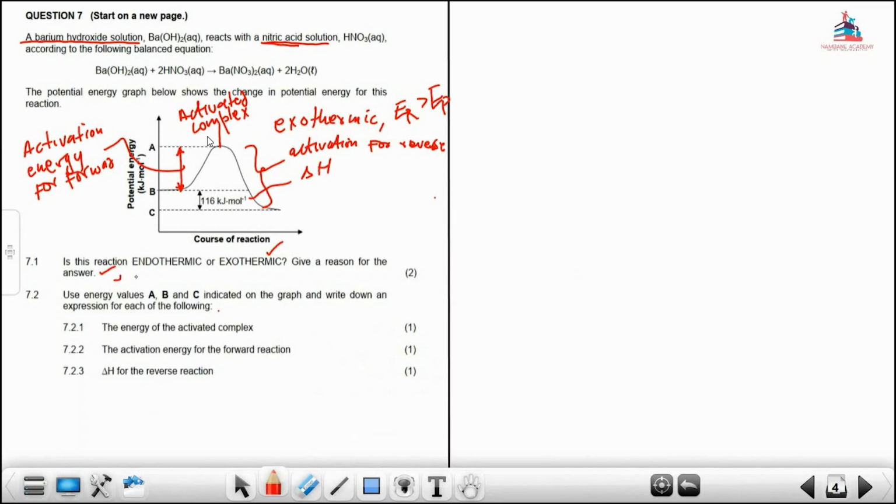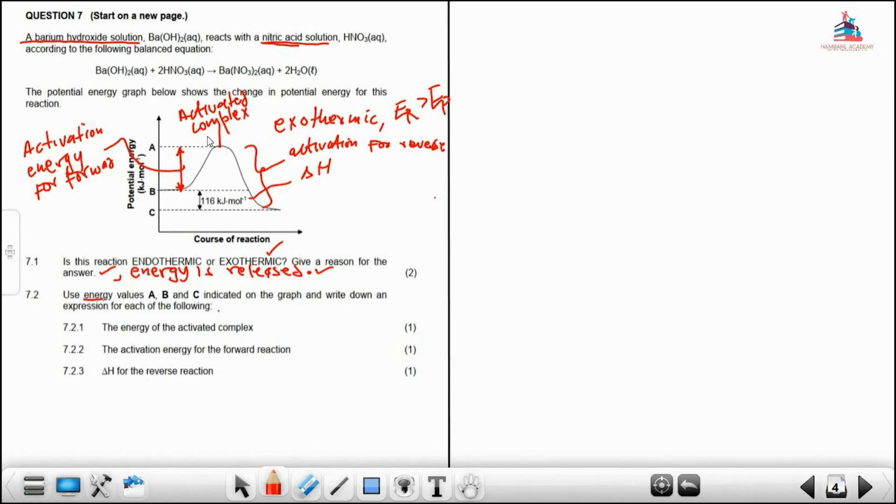We can also add that energy is released, just to give it more body. Energy is released. Full stop. 2 marks. And the reason that energy of the reactants is greater than energy of the products, we will also accept.